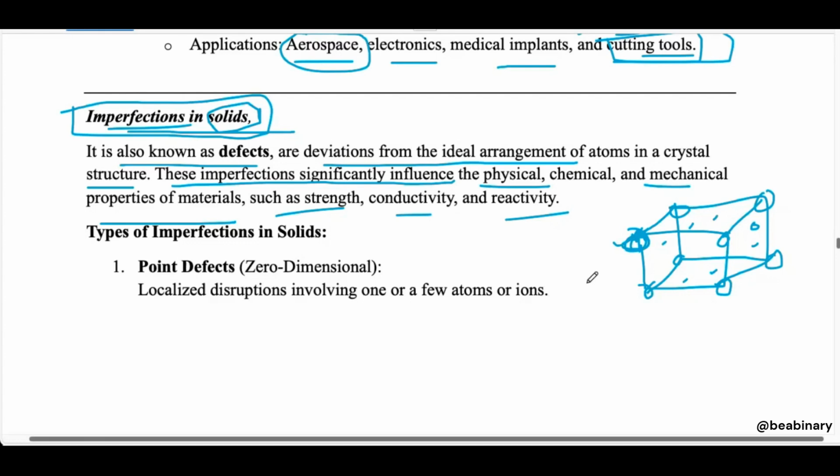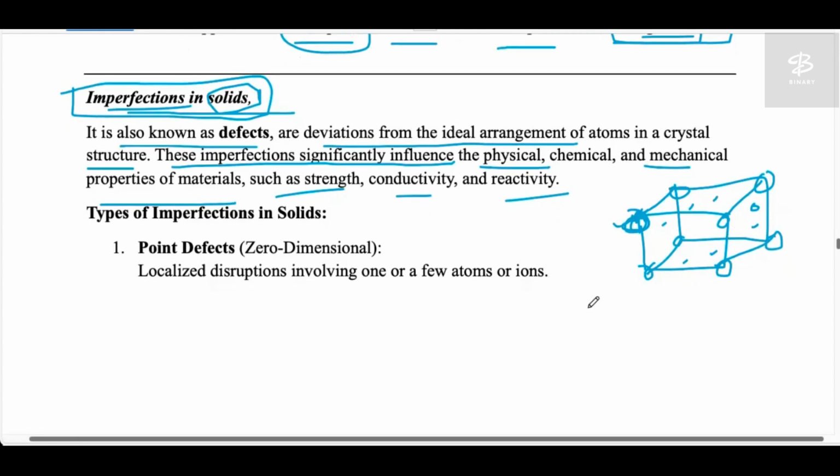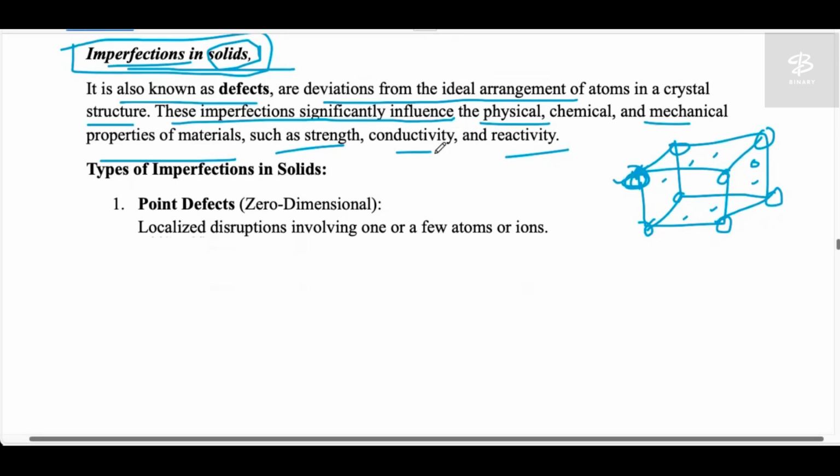Any fraction could be there. All of that counts as an imperfection, because if the fraction changes, the number of atoms changes, and then the packing efficiency changes. On the basis of this kind of behavior of atoms in the unit cell, the material properties will be compromised. That's why we are in a position to study the imperfections, I mean the defects.